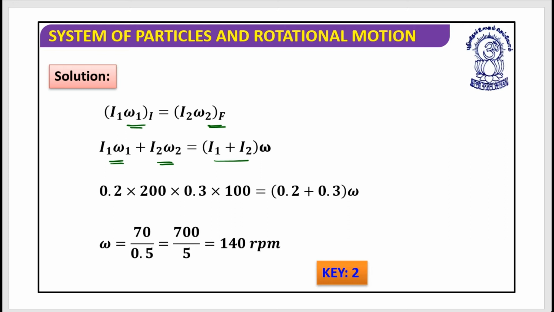The first has moment of inertia 0.2 and 200, the second has moment of inertia 0.3 and omega 2 is 100, equal to 0.2 plus 0.3 into omega. So omega is equal to 70 divided by 0.5, which is 140 rpm.